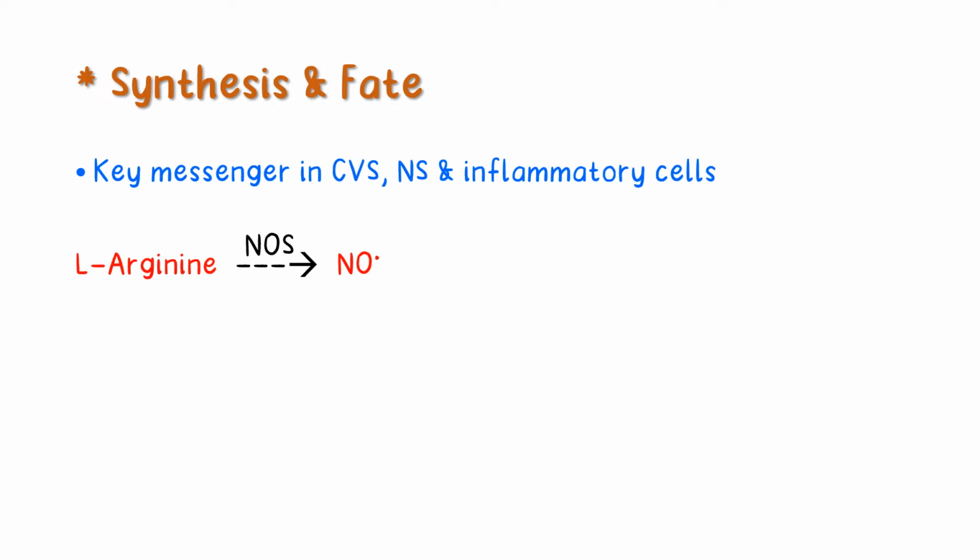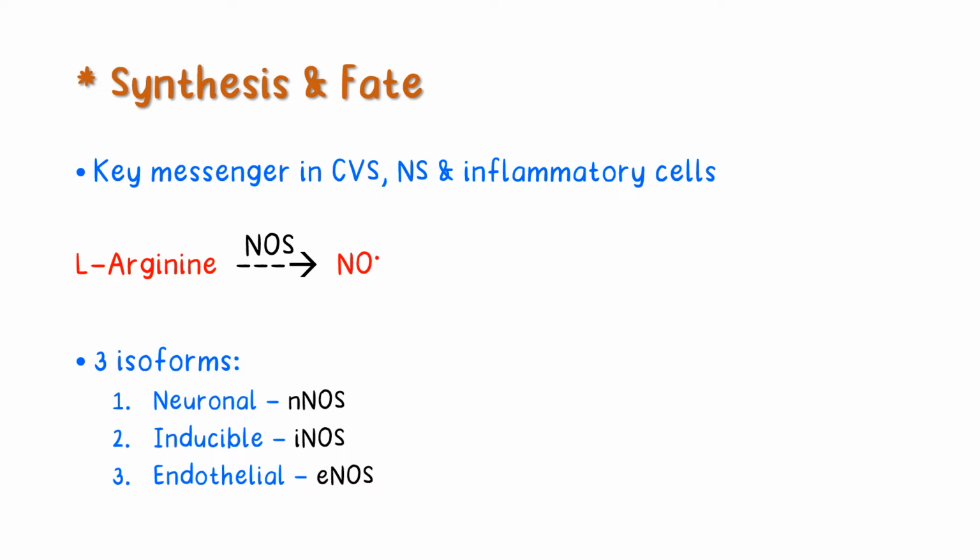Nitric oxide is synthesized in cells from the amino acid L-arginine with the help of the enzyme nitric oxide synthase, using molecular oxygen and NADPH, that is the reduced form of nicotinamide adenine dinucleotide phosphate.